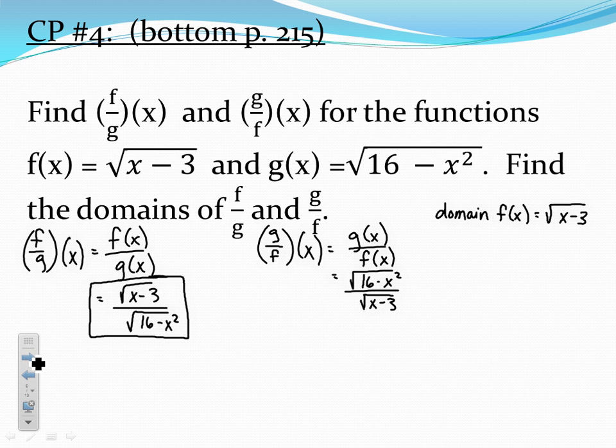All right, so what's the lowest x value that we can put in there that will still work? Well, x could be 3. That would give us the square root of 0, which is 0. It can't go under that, though, or we're going to have a negative square root. So the domain of f of x starts at 3 and goes to infinity. Okay? Now, let's do g of x.